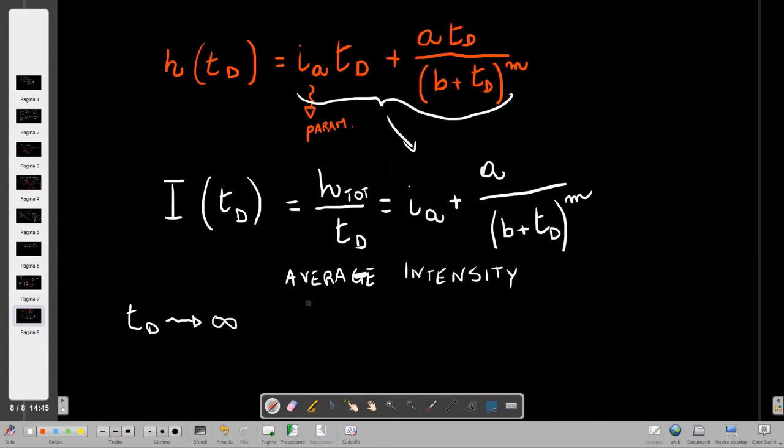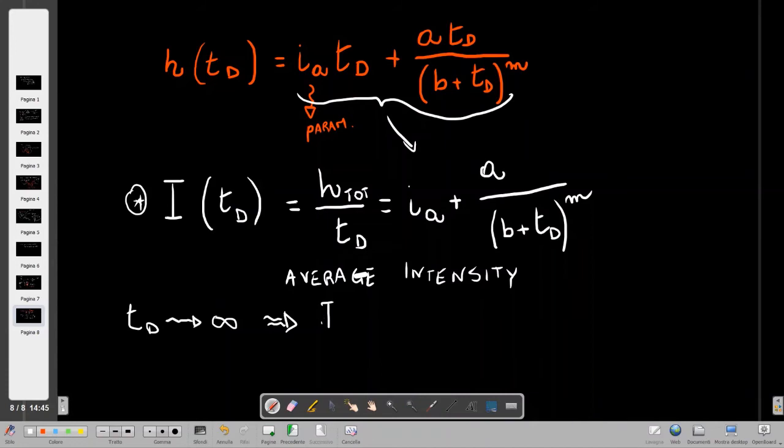Indeed, when the rainfall events are very long, the intensity, at least from your physical point of view, is not so large. Indeed, this relationship can be used for very large values of the time duration.